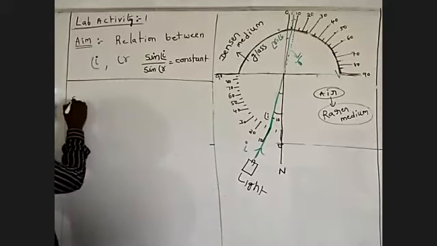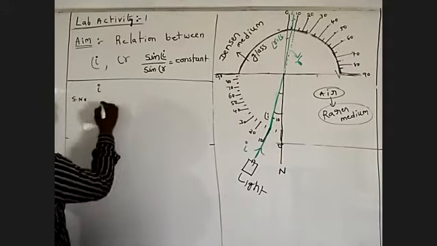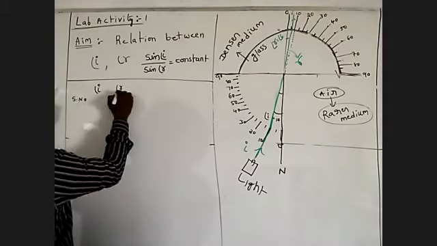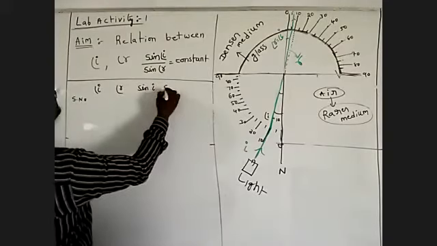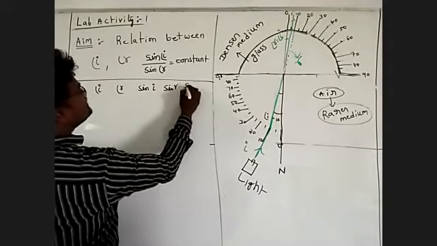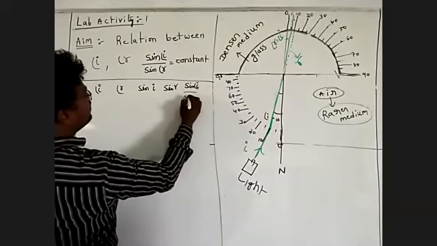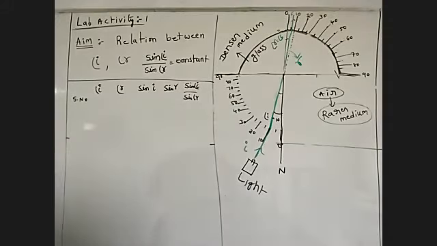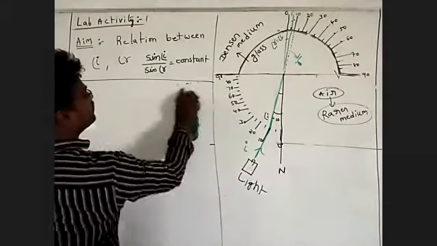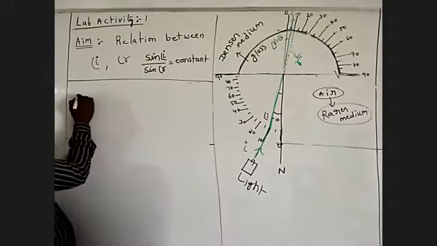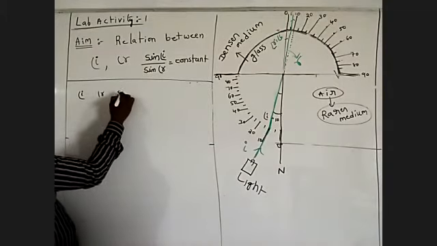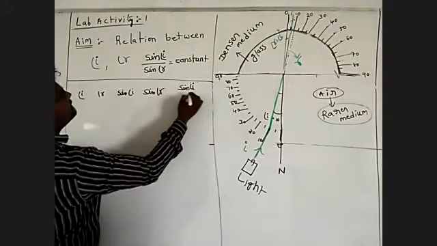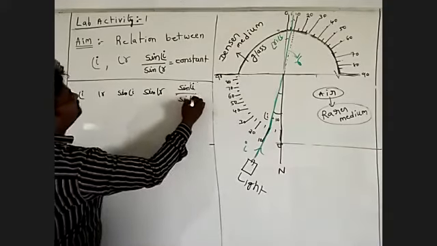This is the serial number, angle of I (incident ray), angle of R, sine of I, sine of R, and sine of I by sine of R. This is what we want to calculate.